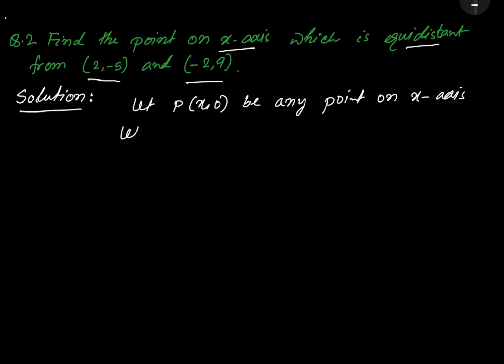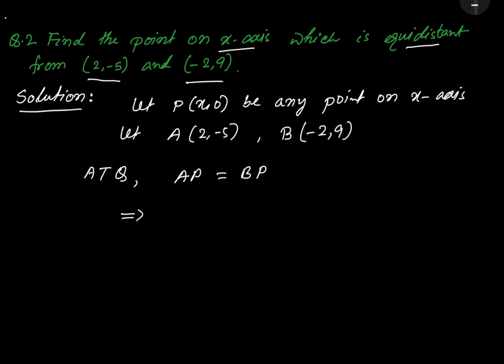So let A be 2, minus 5 and B point is minus 2, 9. So according to the question, we can write AP equals to BP, because from P, A and B are equidistant.